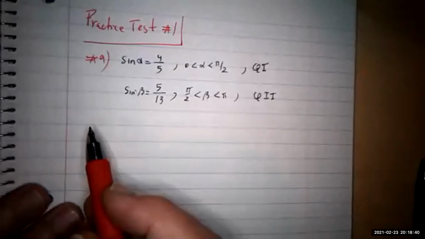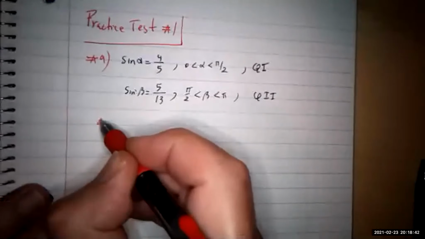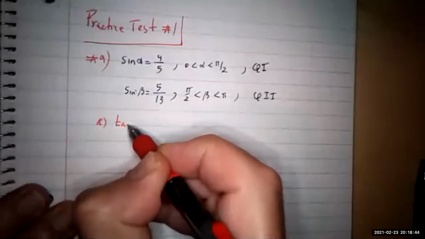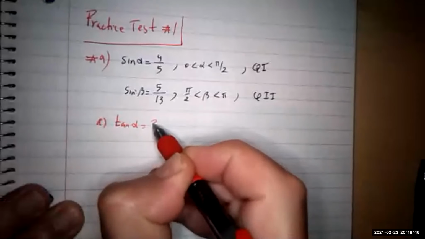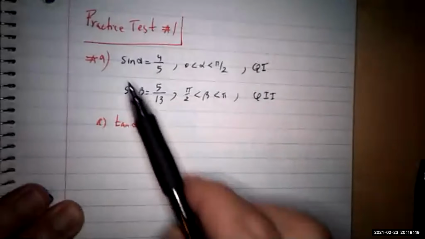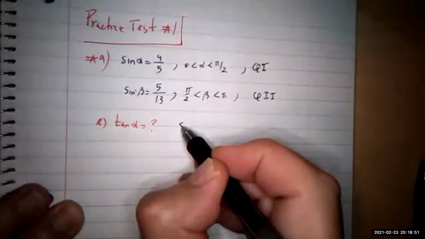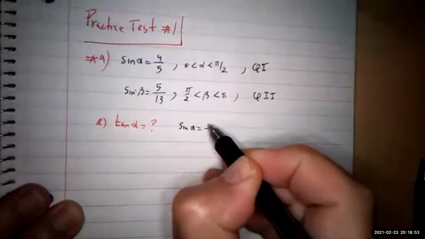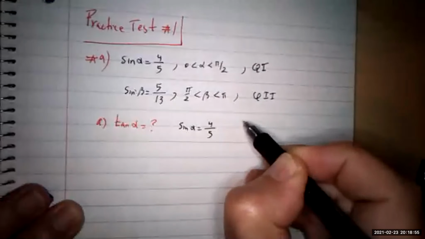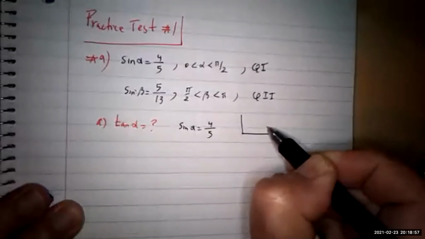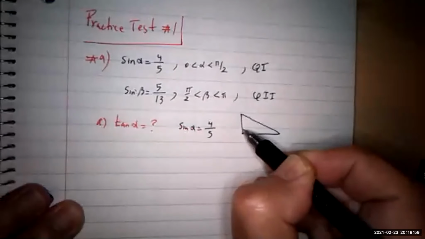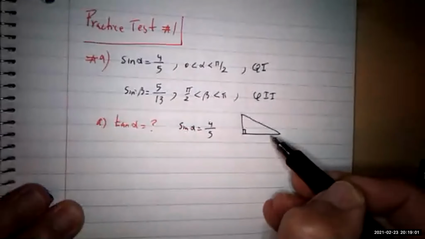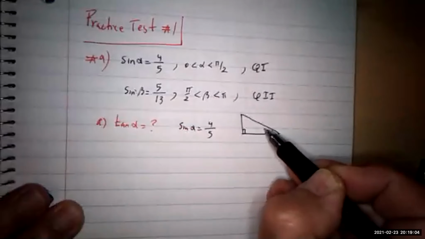What do you want? For example, you want to find the tangent of alpha. So you check to see what we have. We have the sine of alpha is equal to 4/5. It's in the first quadrant, so we can use the right triangle version easily. Okay, this is it. And this is going to be your alpha.